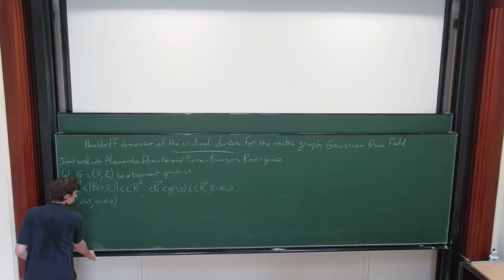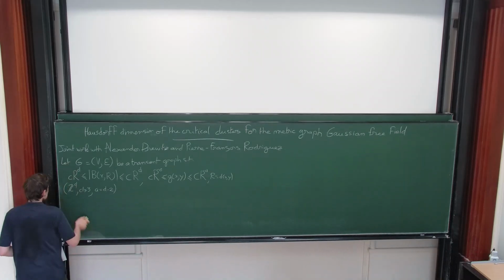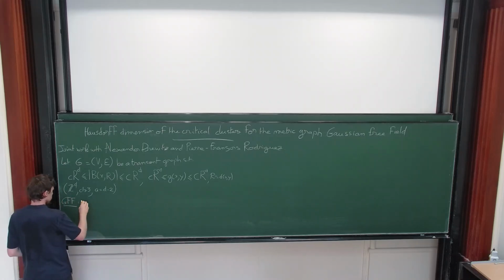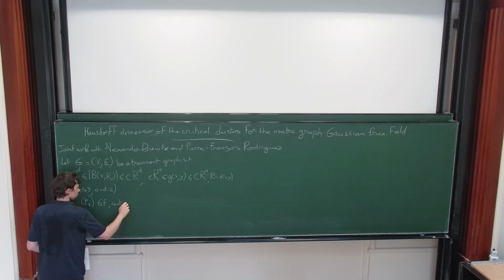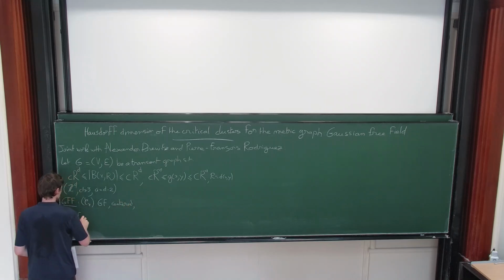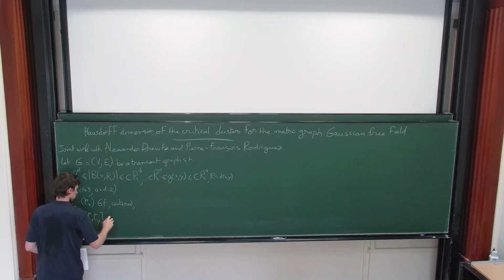Okay, so on this kind of graph, I mean on any transient graph, I can define my GFF. I guess this audience will know what the GFF is. Let me just write it. So phi x is a centered Gaussian field, and the covariance of my Gaussian field is the Green function.